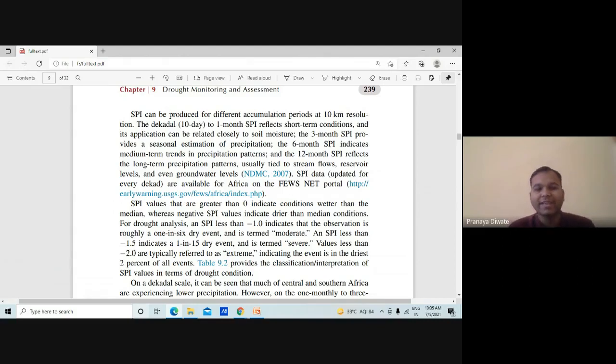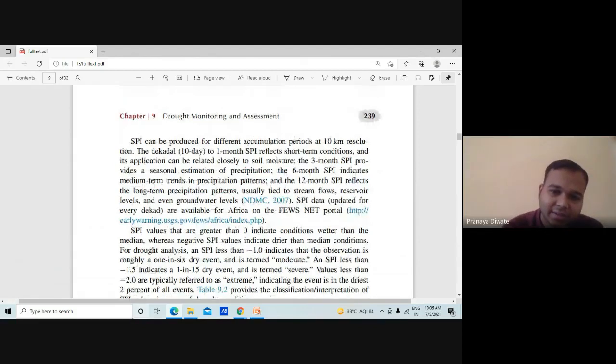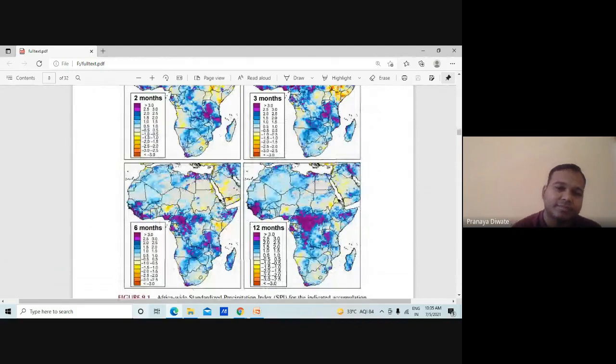An SPI value greater than zero indicates conditions better than the median. So in this map you can see that it is giving different kinds of index values.